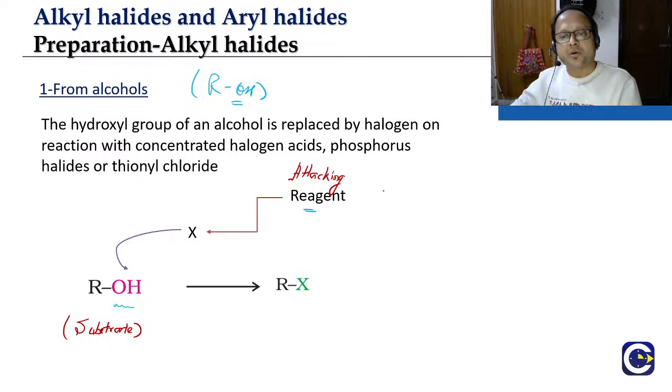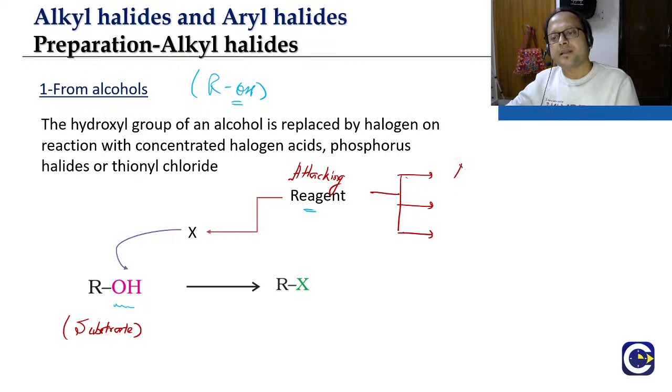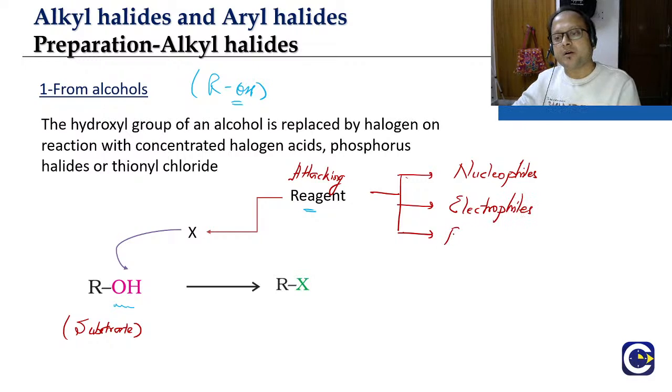So these attacking reagents are generally of three types. You must have studied in GOC. One, they are called nucleophiles. Then you have got electrophiles, right? And you can also take free radicals as the attacking reagents.